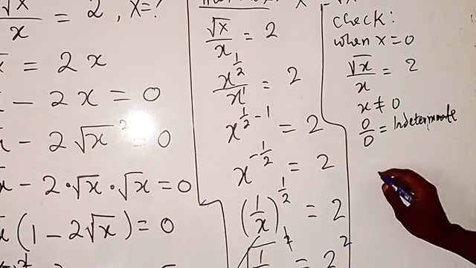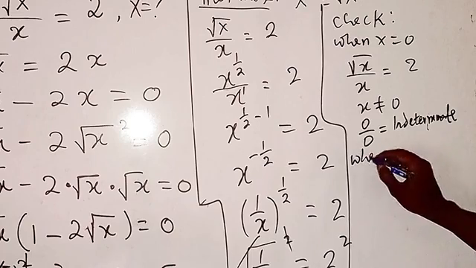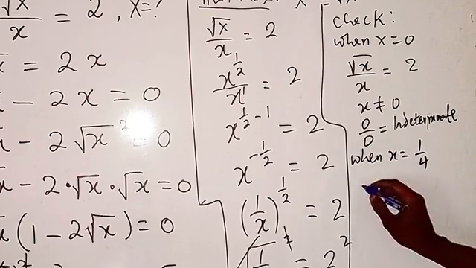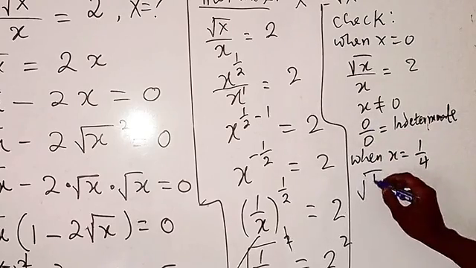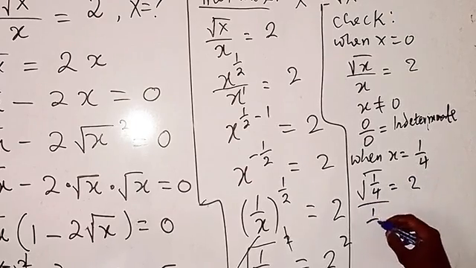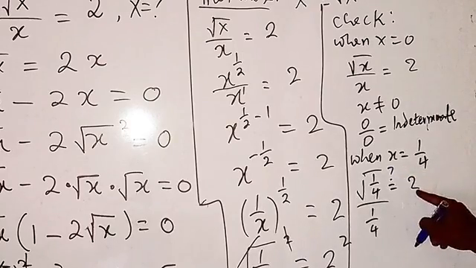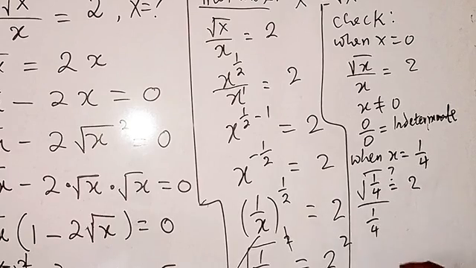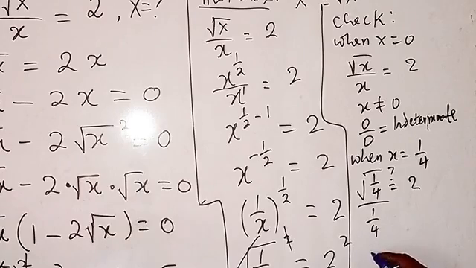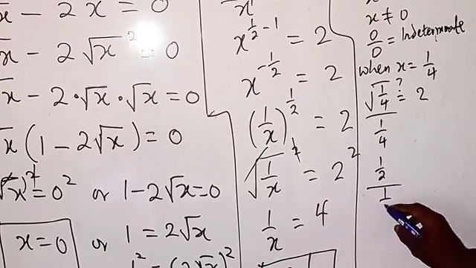So now, let's check when x is 1 over 4. When x is 1 over 4, we're going to have root of 1 over 4, all over 1 over 4, equals 2. So according to this, is this going to give us 2 if we put 1 over 4 here? Now let's see, the square root of 1 over 4 here is 1 over 2, all over 1 over 4.